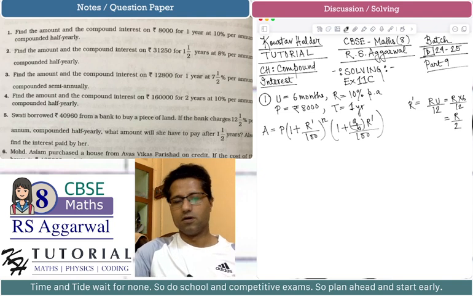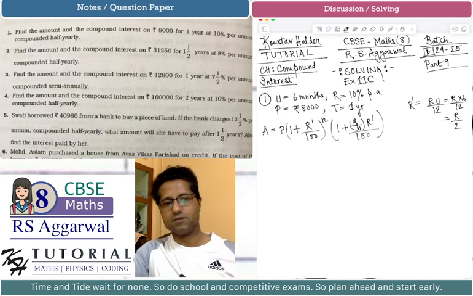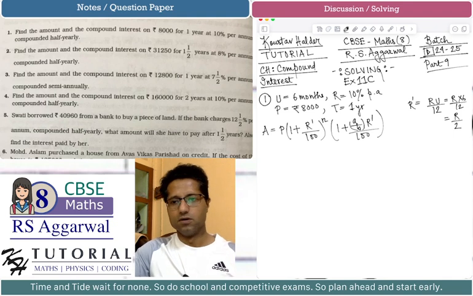You can always remember that whenever the interest is compounded annually, R dash is equal to R. If it is compounded half yearly, R dash is R by 2. And if it is compounded quarterly, R dash is R by 4. So we have R dash in terms of R. Now we need to know the small n, the power, and the fraction a by b.